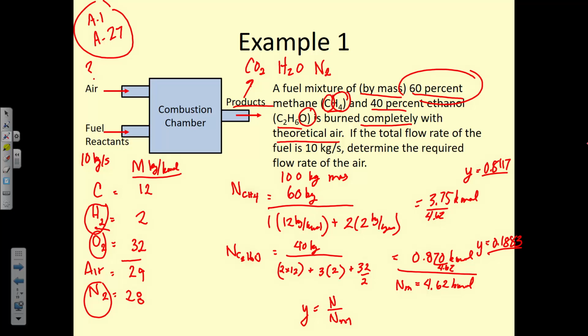So now we can rewrite our equation in terms of these molar fractions that we determined. So we have 0.8117 CH4 plus 0.1883 of C2H6O.